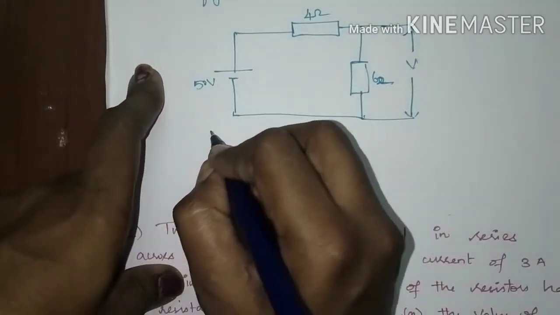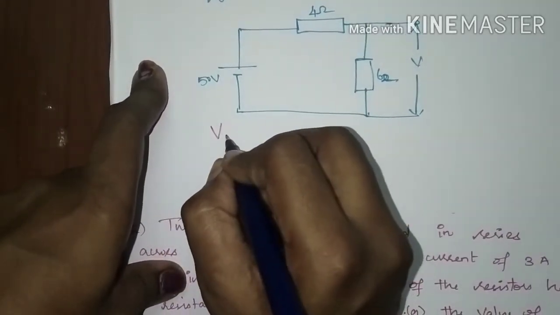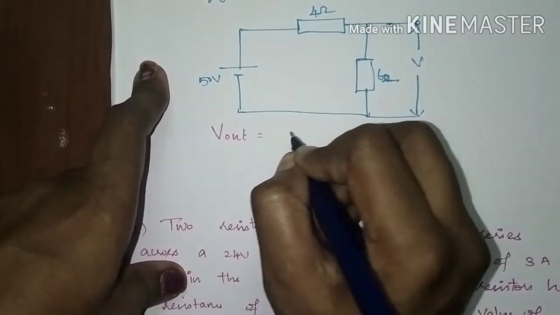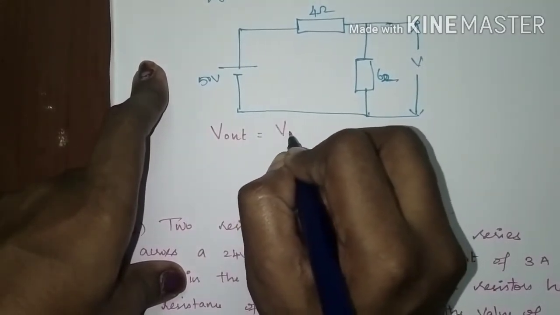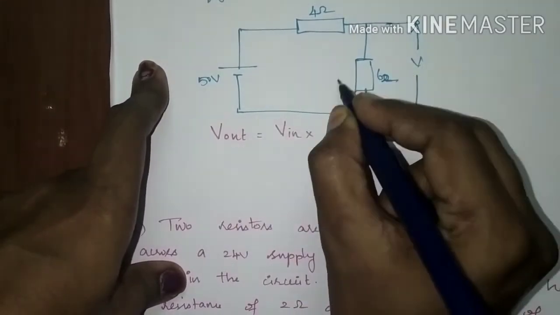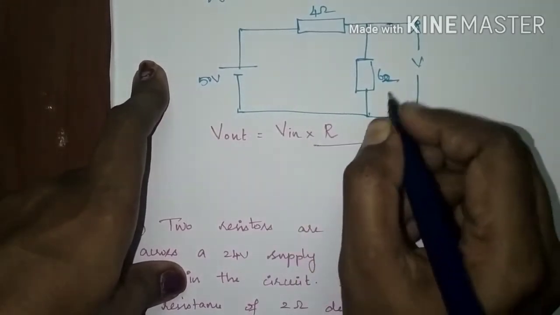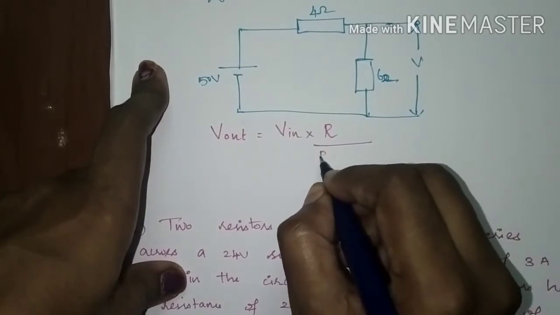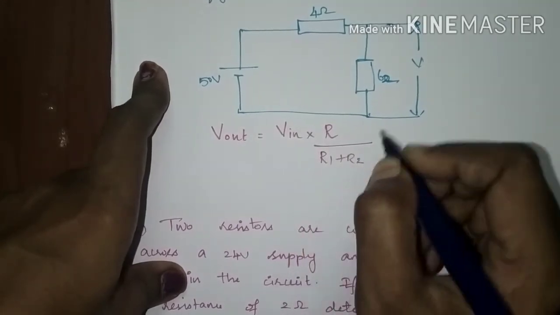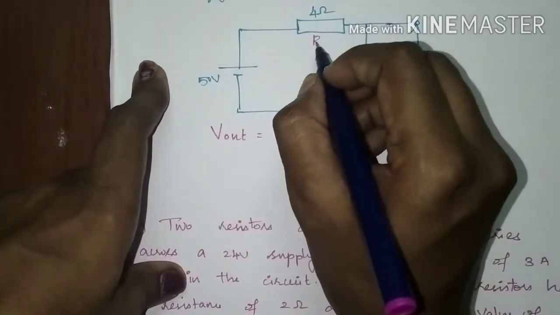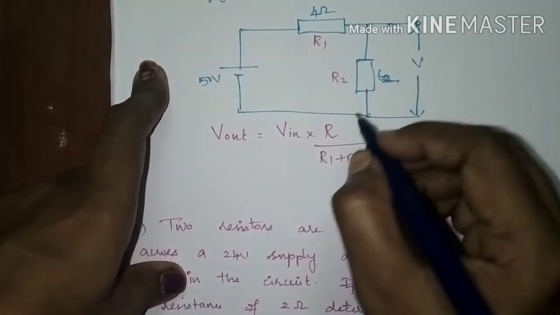The voltage divider equation can be given as V output equals V total, that is V input, into the resistance across which the voltage has to be found divided by the total resistance present in the circuit, R1 plus R2. Assume this as R1 and this as R2.